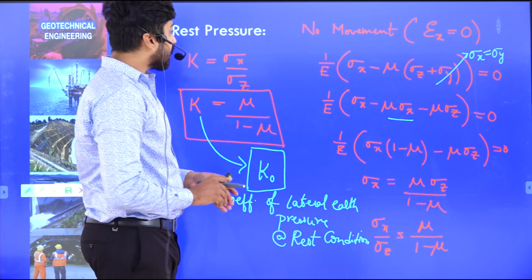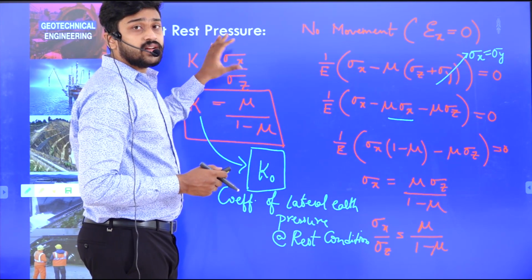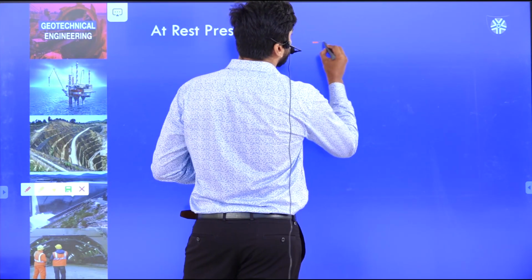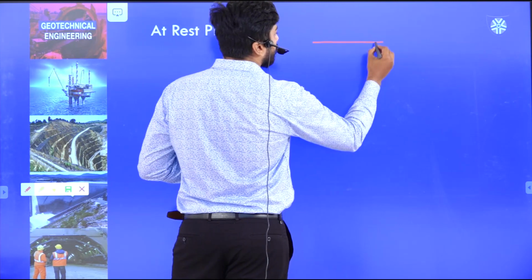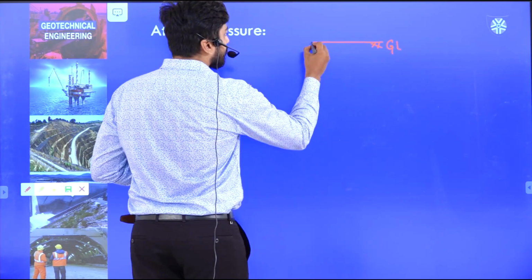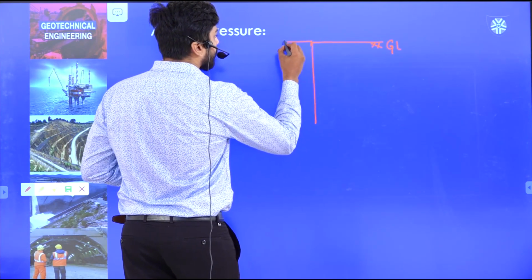For this particular case, let us now try to obtain the lateral earth pressure. Let us consider this as the ground level, and let us say there is an embankment in this manner.